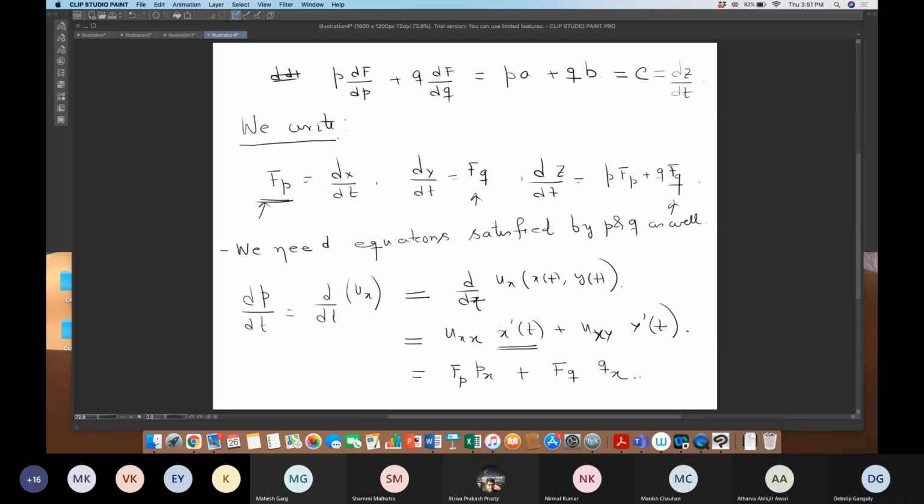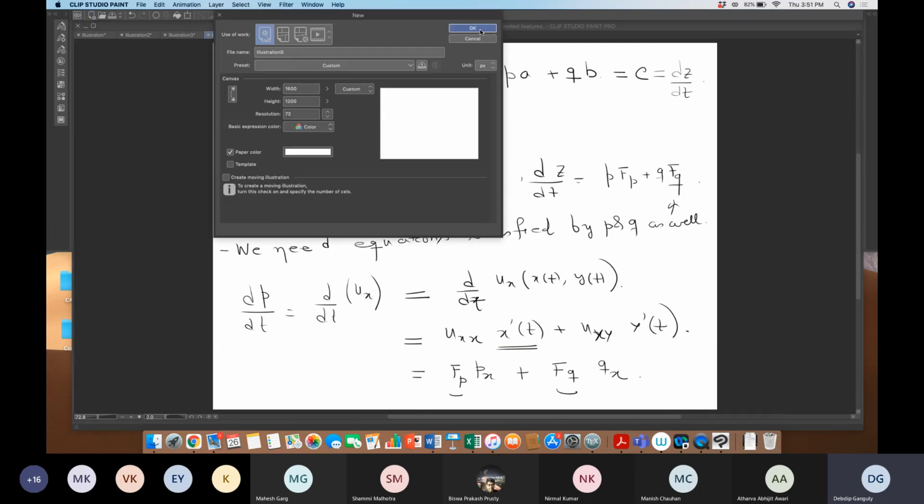Clear? Okay. But still we have to find dp by dt, what are fp and fq? So differentiate capital F now.